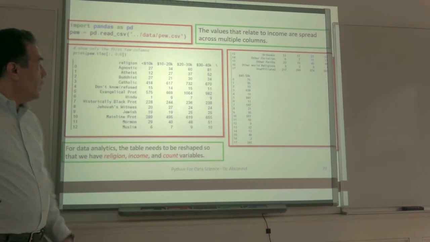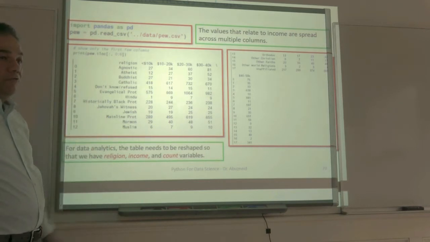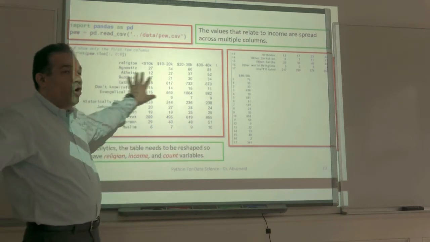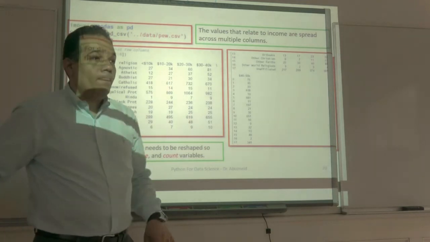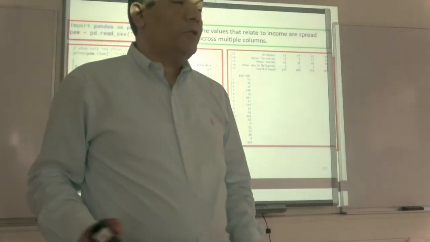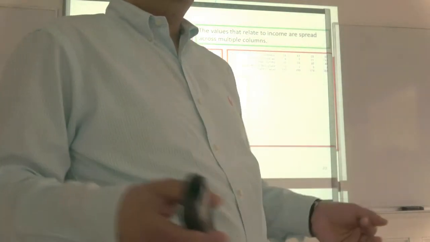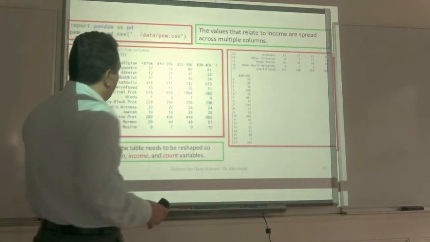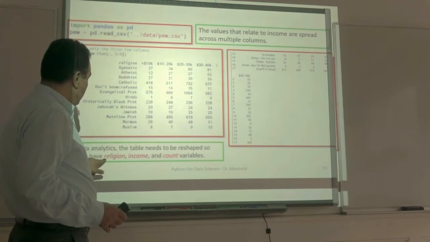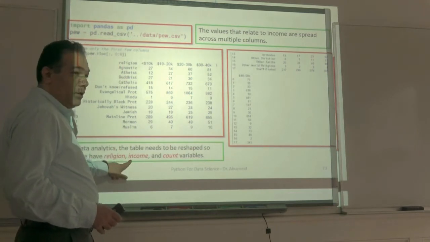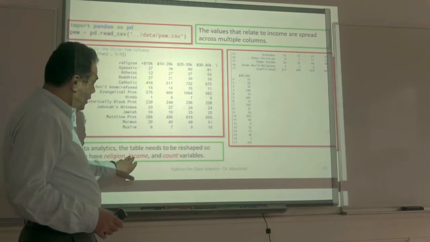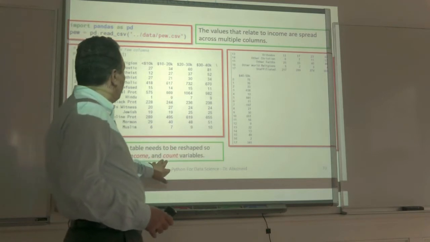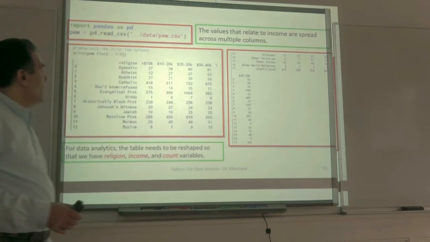So how can we shape this differently? Is there anything wrong with this table? Maybe not. But for statistics, for what you want to do, it's not the right format. We need to have only 3 columns: religion, income, and count.